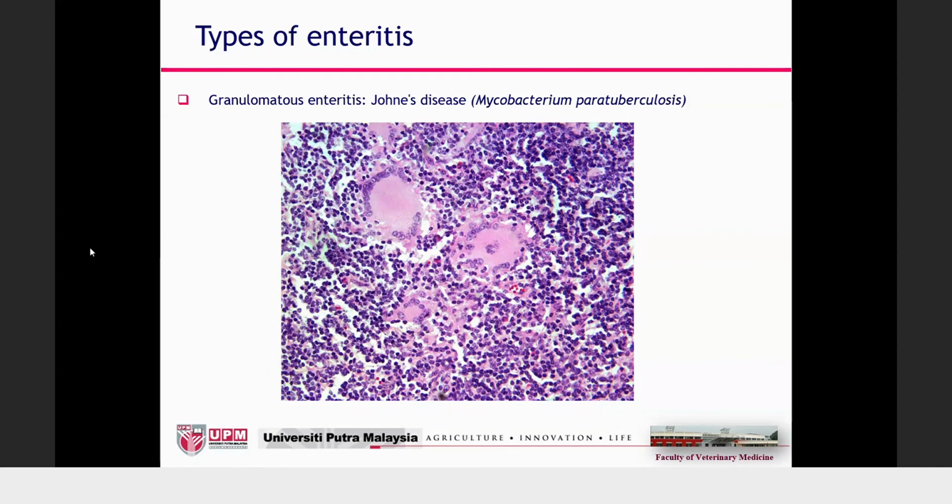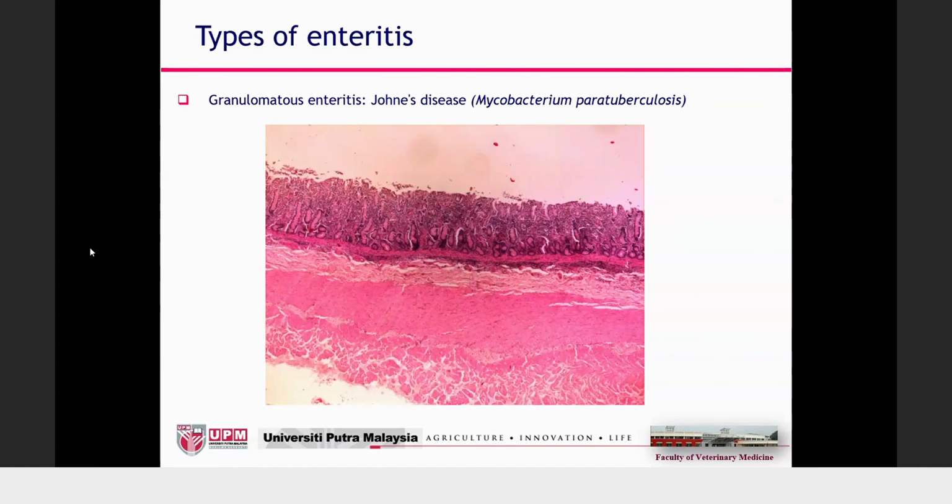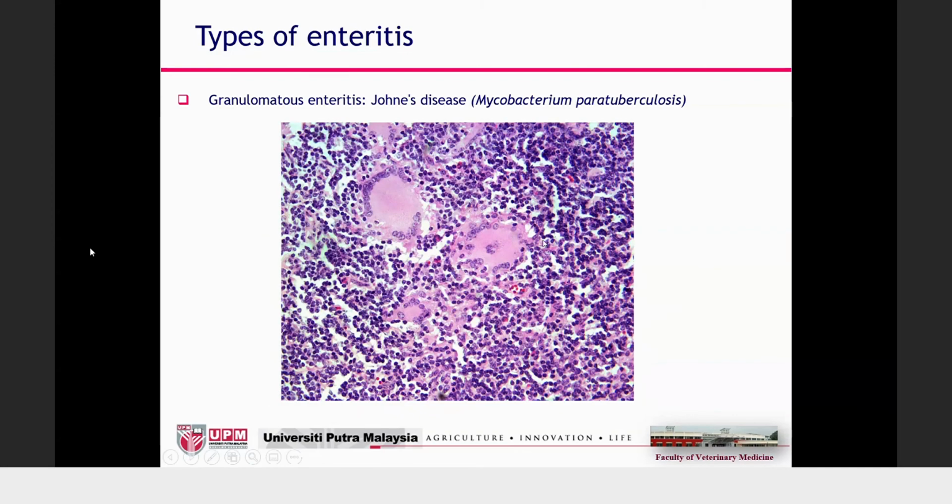And when you look carefully at another slide, you can expect to see that the submucosa will also be heavily infiltrated by inflammatory cells. We have the slide for the practicals. Then what you observe, apart from the chronic inflammatory cell infiltration comprising macrophages, you also see what we call a giant cell.